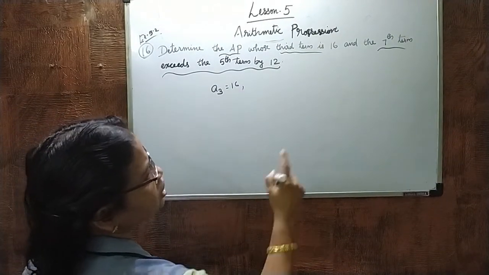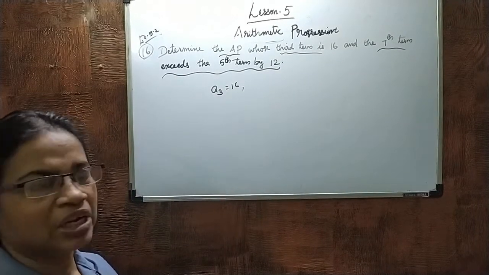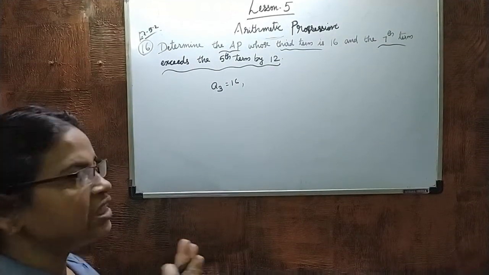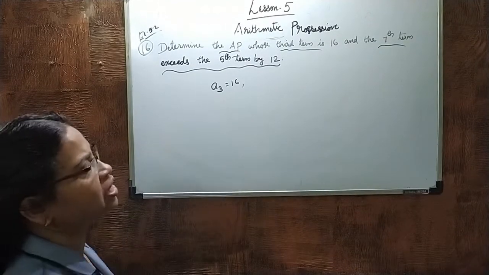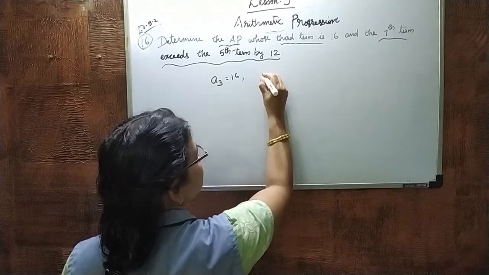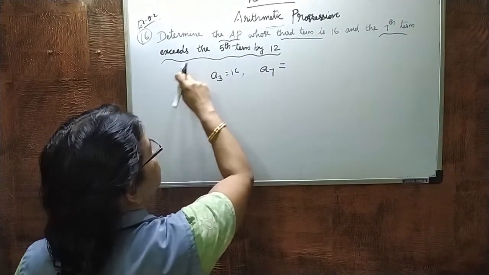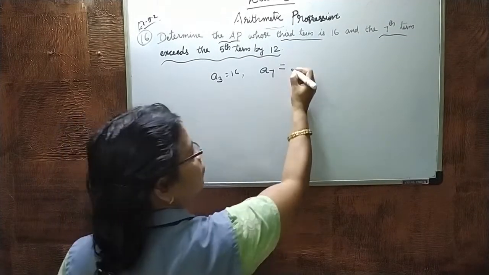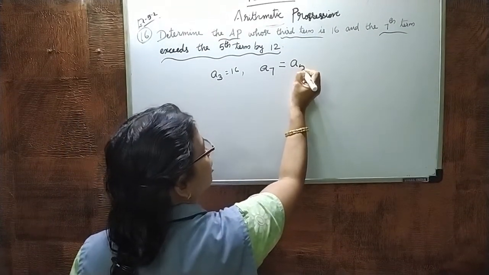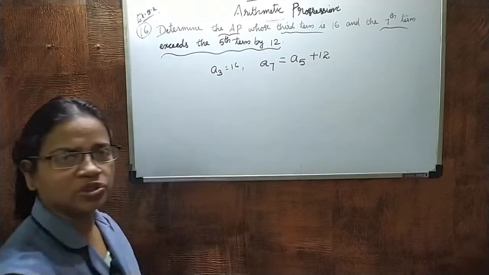Second condition, what they told? The seventh term exceeds the fifth term by 12. Seventh term means A7 equals, exceeds means plus, A5 plus 12.